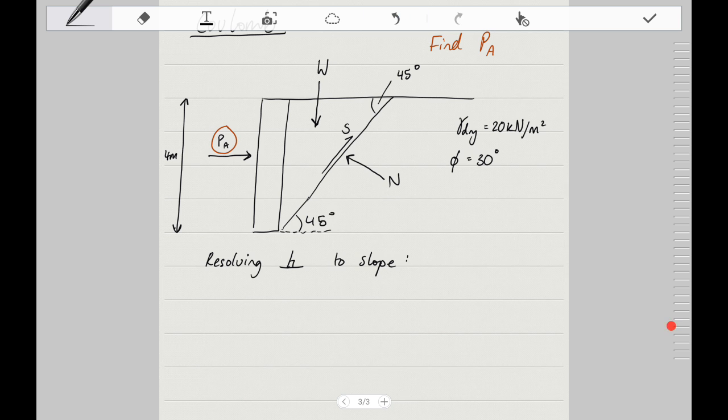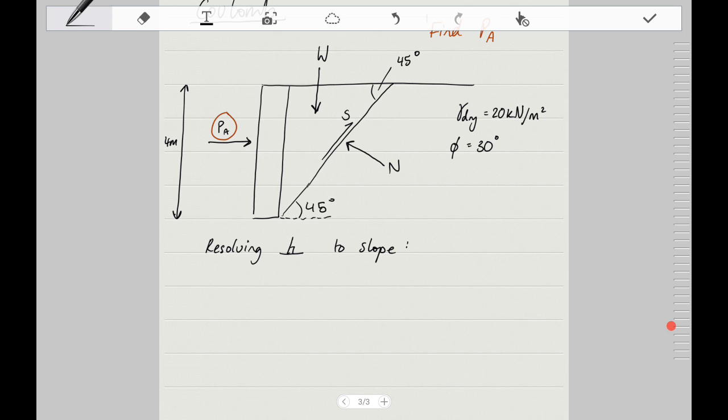Okay, so let's resolve perpendicular to the slope. What's going perpendicular to the slope? Well, we only have N traveling in this direction, and we have no other force that can be resolved into that direction.